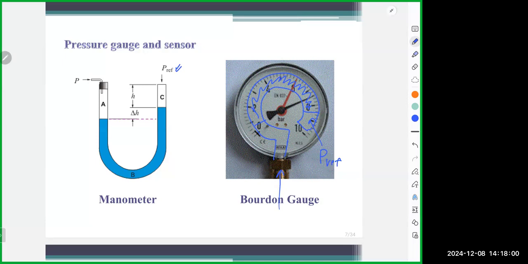Okay. As I already drew in this picture, when the gauge is not in contact with the source, it looks like this. But when it contacts the source, it changes shape to here.